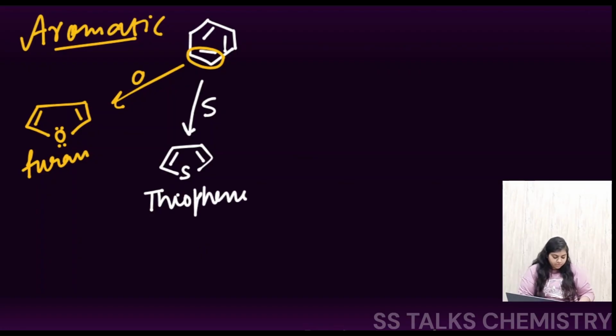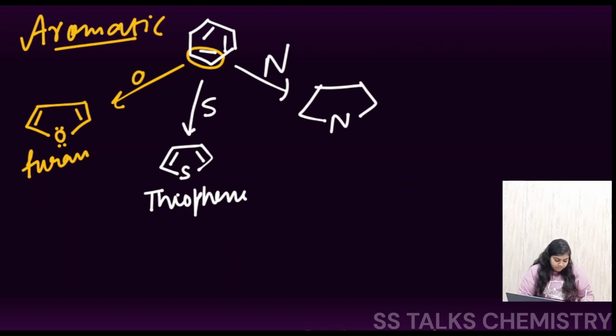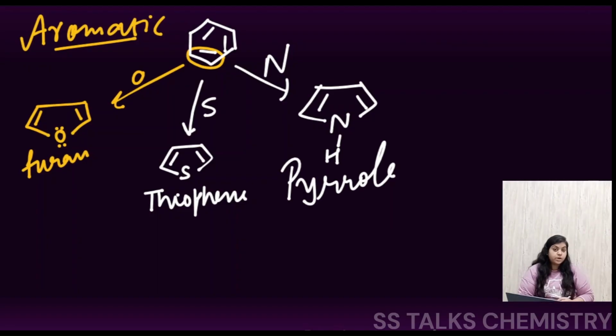Now if I replace this with a nitrogen atom, with the rest of the bonds remaining the same, here we have the hydrogen. This particular heterocyclic compound is called pyrrole. So the five-membered ring containing nitrogen in the aromatic species is pyrrole.